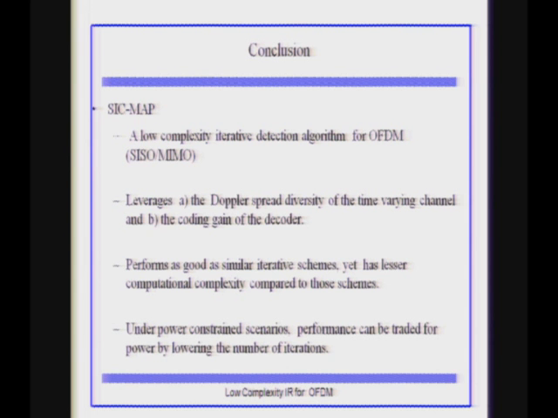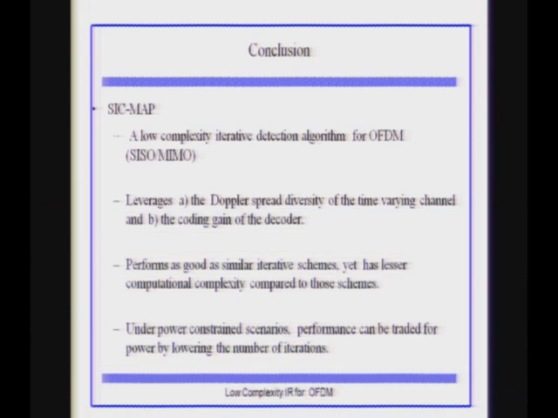For 2 by 2, it's closed form. From a bigger matrix, you bring down the matrix size by removing the ICI, and for the 2 by 2 matrix, you do the real matrix inversion. That can be tried out, so that you may have a lesser number of iterations. It's worth a try.